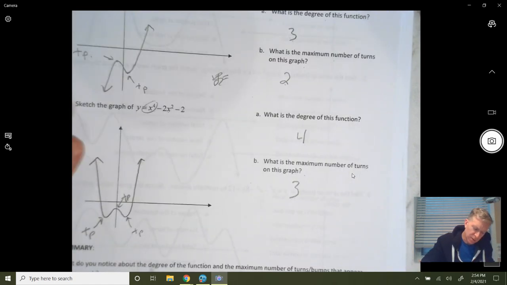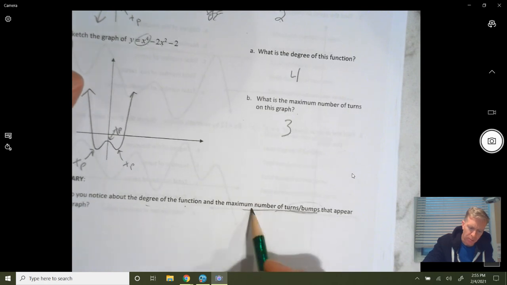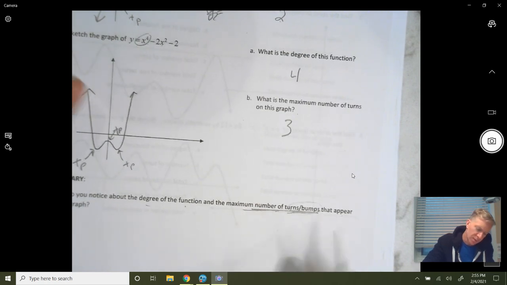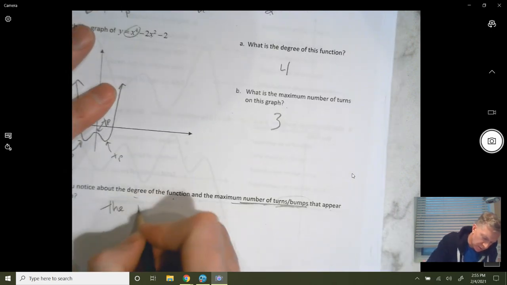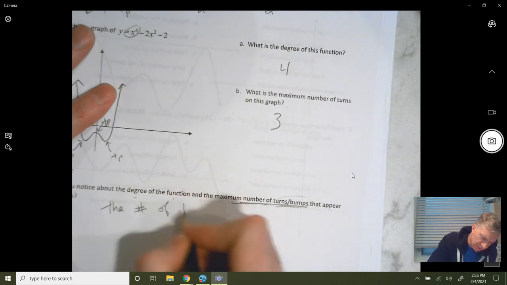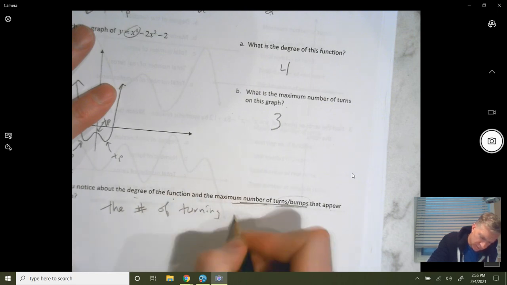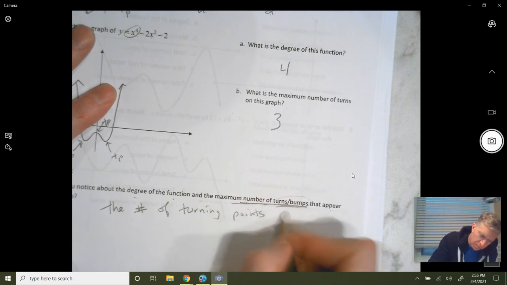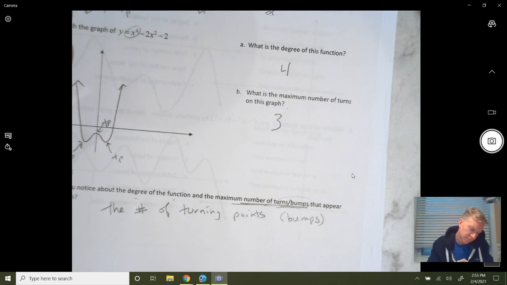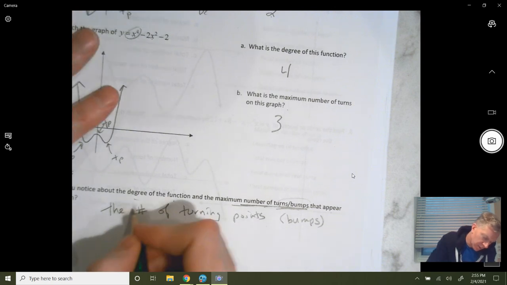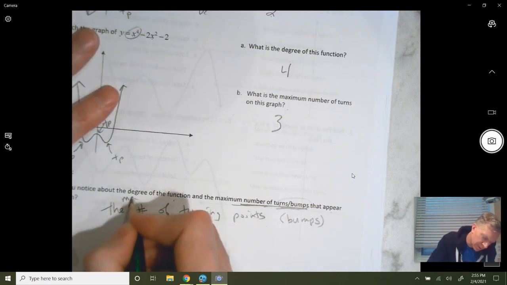So what do you notice about the degree of the function and the maximum number of turning points, or sometimes they're called bumps, that appear in your graph? Well, hopefully you noticed, and this is a pattern that actually holds, the number of turning points or bumps, I'll say the maximum number, because sometimes it's less, and we'll see some examples.